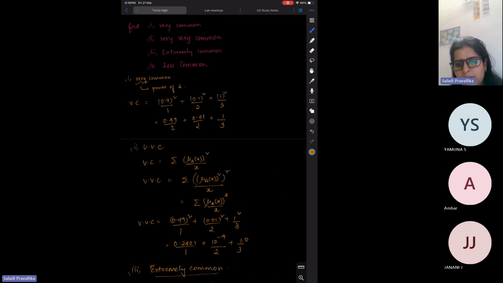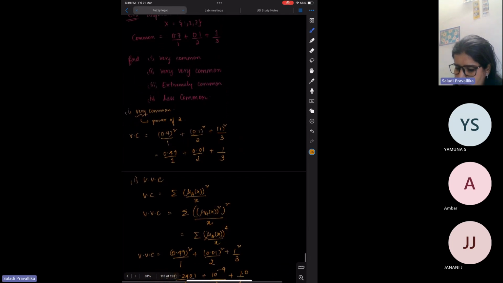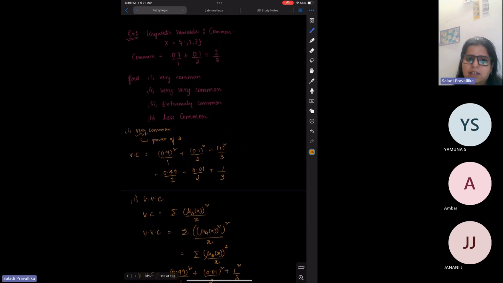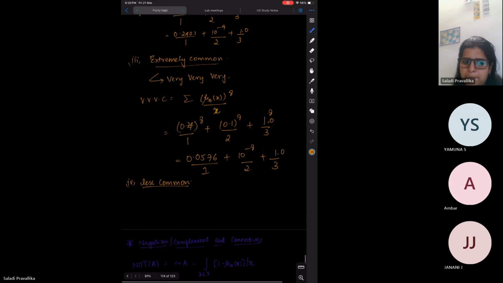And then can you do for "less common"? Just in case you need it, here is the fuzzy set. Can you do for "less common" as well? So for "less common", what do we do?